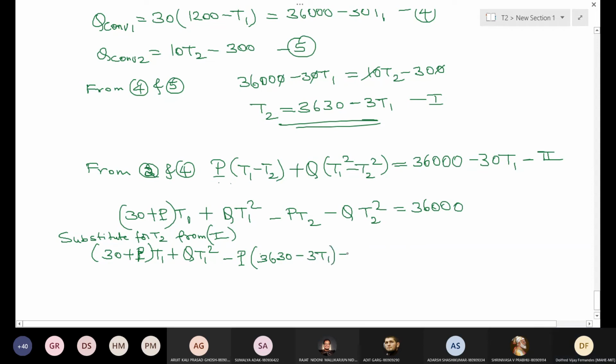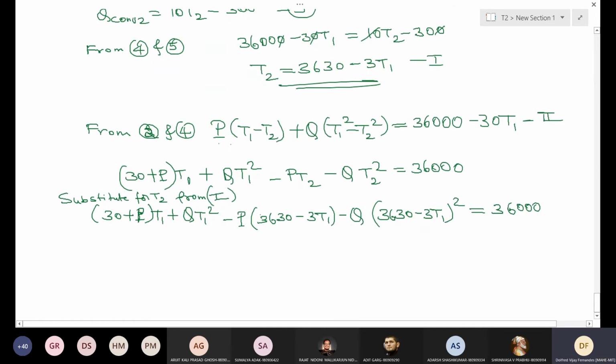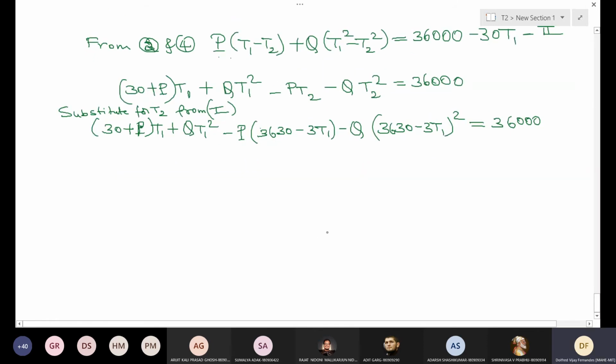Now we have squaring: Q into (3630 minus 3T1) whole square, equal to 36,000 on the right. Simplification should be systematic, otherwise most of you will make mistakes here.